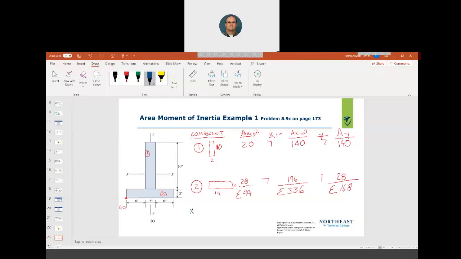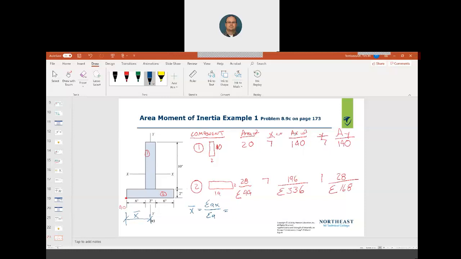X bar. Okay. Remember, this is X bar equals sum of the areas times X distances divided by sum of the areas. Okay. So this is area times X right here.